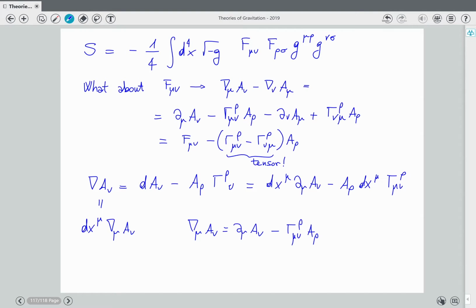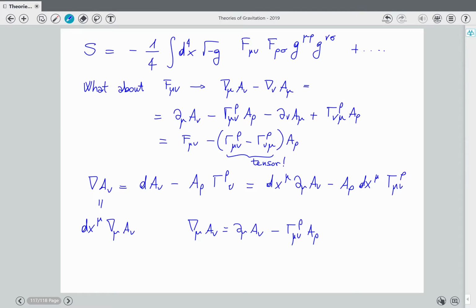So yesterday we discussed the coupling of gauge vectors, gauge fields, to gravity, and that is the action. Actually, that's the one action, and indeed we can add terms as long as they transform correctly.